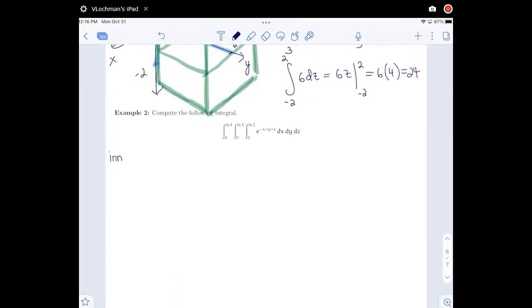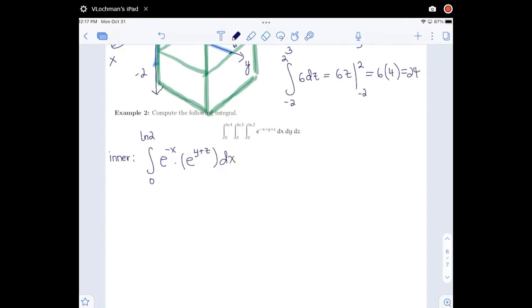I'm going to start with my inner integral. The integral from 0 to natural log of 2. And I'm going to write it as e to the negative x times e to the power y plus z dx. Now, why did I do this?